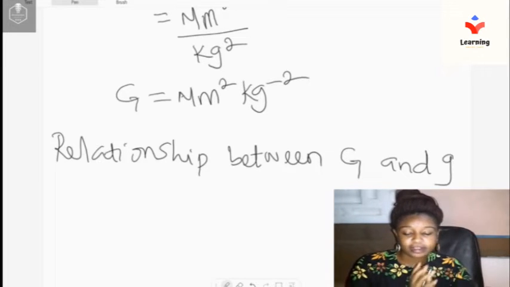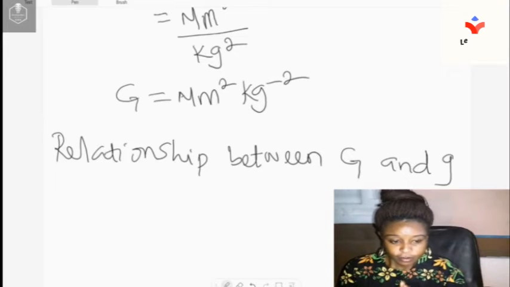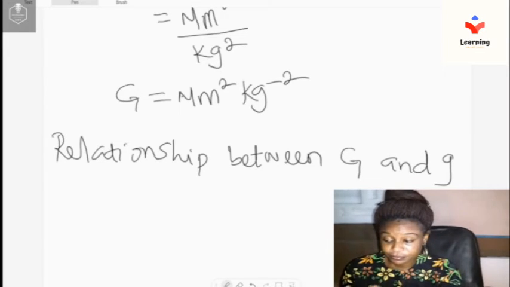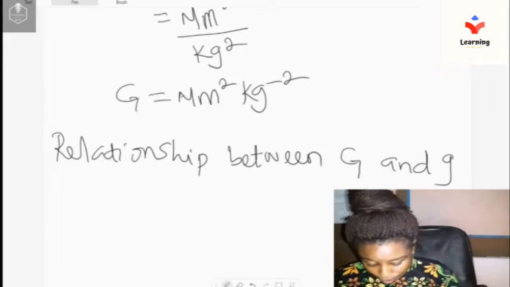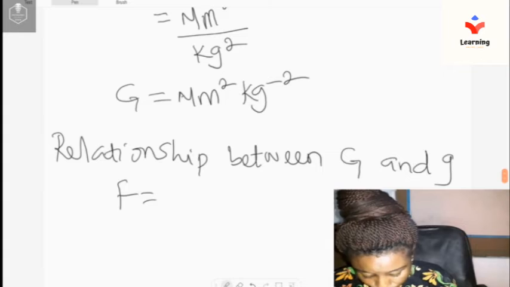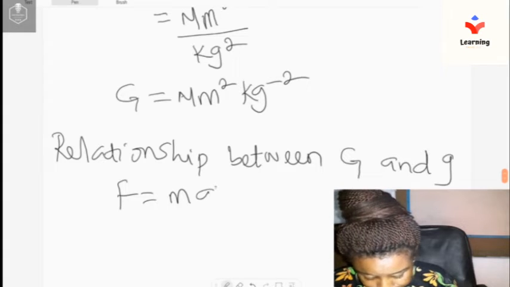From Newton's second law of motion, we know that force equals mass times acceleration.